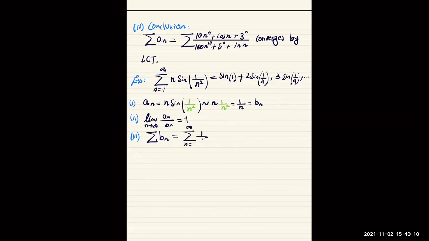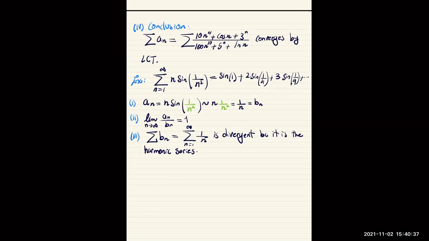Our harmonic series is divergent, because it is the harmonic series. Done. No need to prove it. We've already proven the series 1 over n to be divergent.